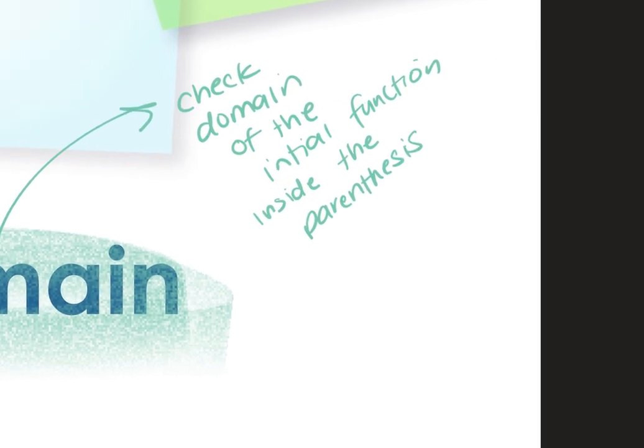Meaning if it said f of g of x, then I have to check the inside function for a domain restriction. If the second function, or the one inside the parentheses, has a restriction, then it gets carried down with your composite function. So if g of x in that case had some sort of restriction, now think domain restrictions like if it's under the square root, it can't be negative. If it's in the denominator, it can't be 0, and then the combination of the two. If either of those happen, then that gets carried down into my final domain restriction.